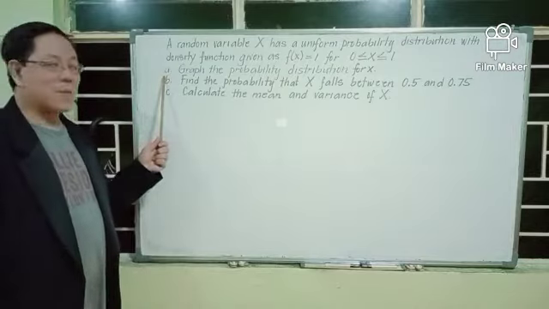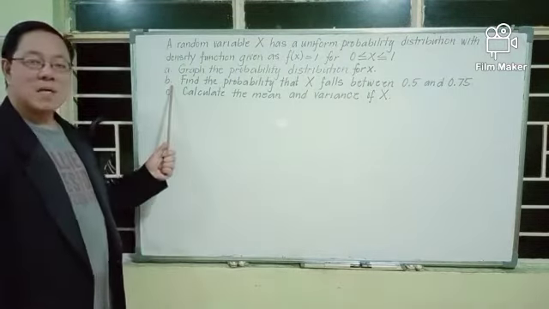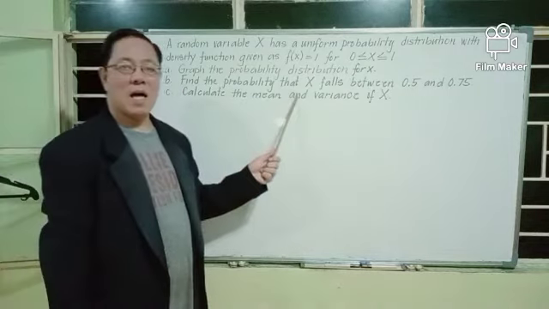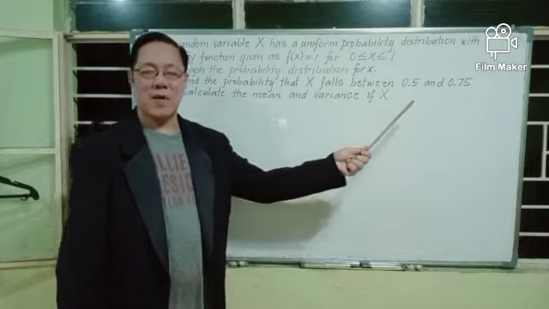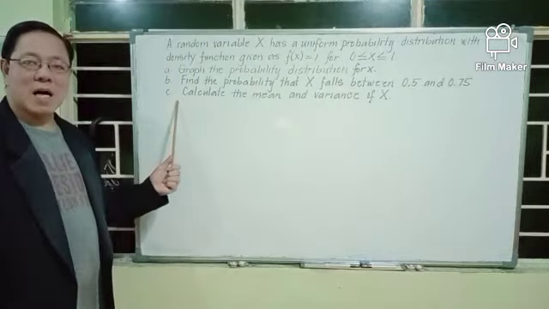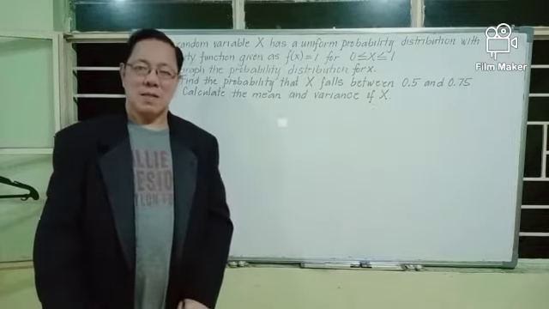Letter A, graph the probability distribution for x. B, find the probability that x falls between 0.5 and 0.75. And letter C, calculate the mean and variance of x.